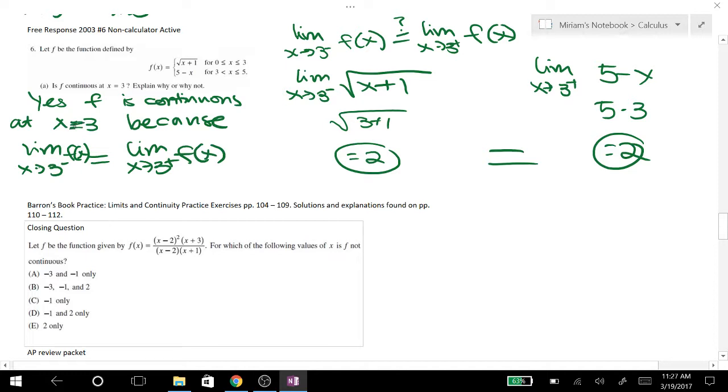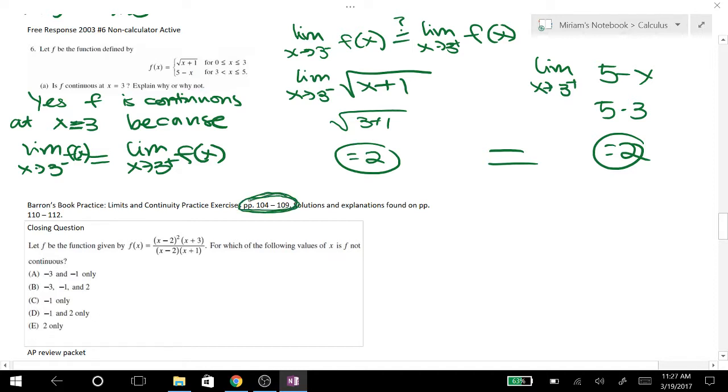So as you saw, I gave 3 free response questions that ask the same exact thing. Is f continuous at x equals 3? And for every single one of them, we did the same thing. We checked if the limit exists, meaning is the limit on the left equal to the limit on the right. Okay, so now I gave you the pages for the Barron's book practice.